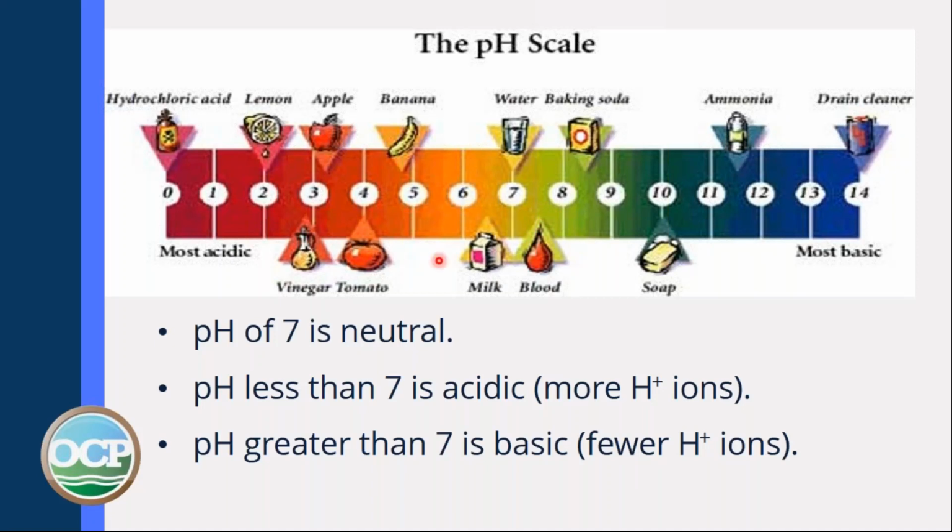Vinegar and tomatoes are low pHs. Lemons and hydrochloric acid, this is the stomach acid that's helping you digest your food, have a pH close to 0. On the other end of the scale, things like drain cleaner, sodium hydroxide, or lye have a pH of 14.